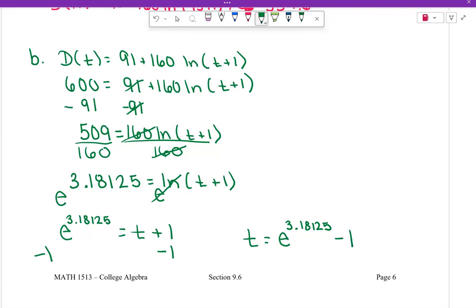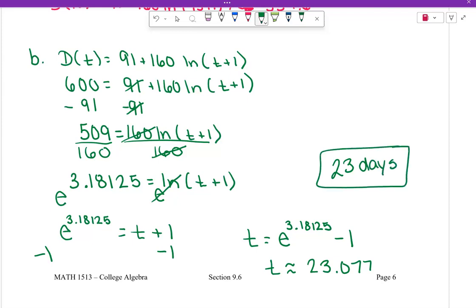I'm going to hit my e button on my calculator with the previous answer as the power, and then subtract 1. So we get t is approximately 23.077. We could just round down if you want, 23 days. My statistics brain wants to go to 24, but we will go with 23.